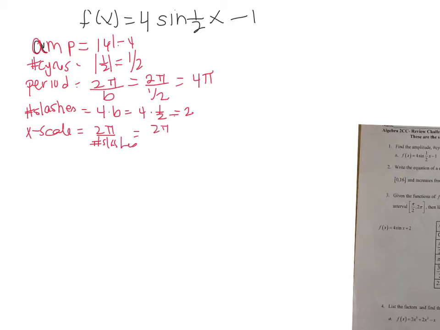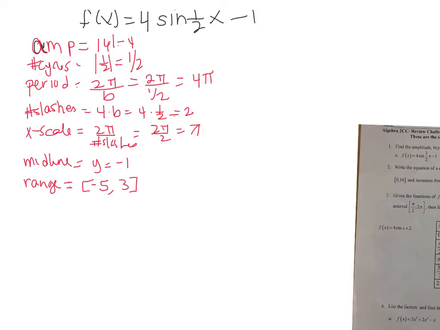So that's 2 pi over 2, which is pi. We need the midline. That's the line that the graph goes up and down around. Y equals -1, and the range. Okay, so starting at -1, we're going up 4 and down 4. So down 4 would put me at -5, and up 4 would put me at 3.